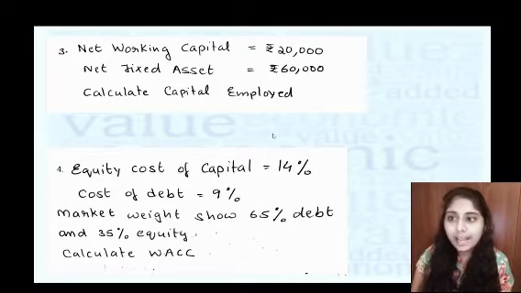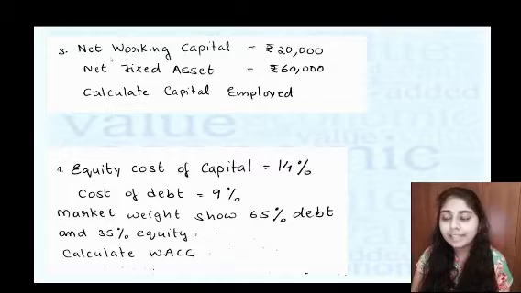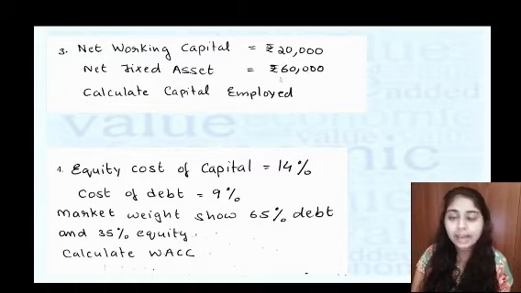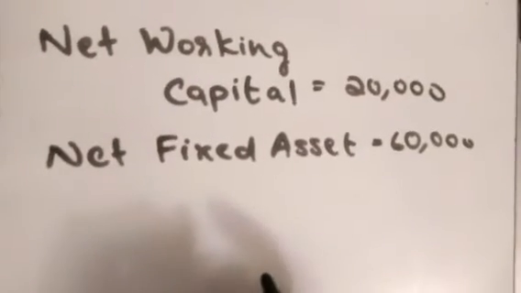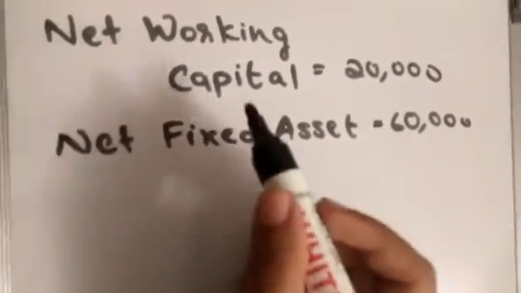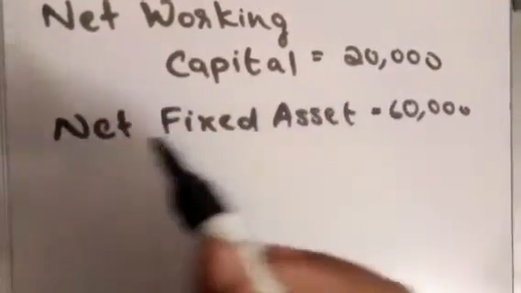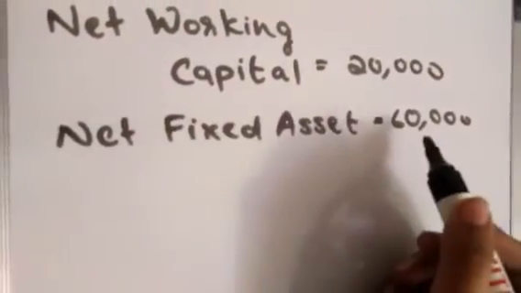So now let's see how to calculate the capital employed. In this question it is given that net working capital is 20,000 and net fixed asset is 60,000, and we are asked to calculate the capital employed. So in the third question, net working capital is equal to 20,000 and net fixed asset equal to 60,000.